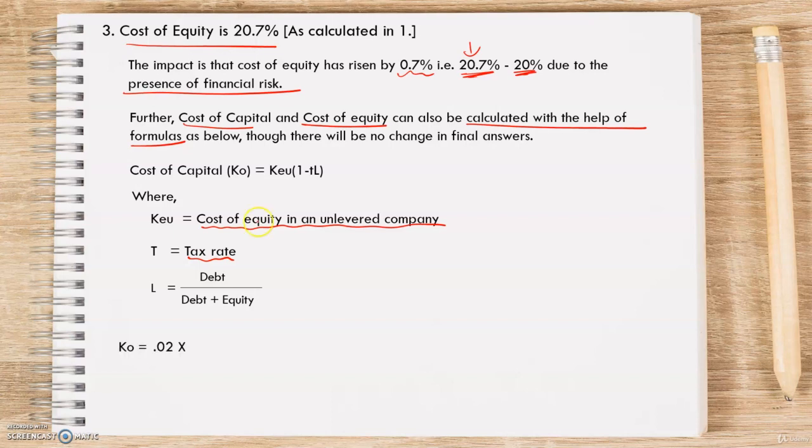KO is equal to the cost of equity in an unlevered firm, 0.20, multiplied by 1 minus the debt of $20 million over the overall $120 million, that is debt plus equity, multiplied with the tax rate 0.3, and what you get here is 0.19, or 19%. This is your cost of capital.